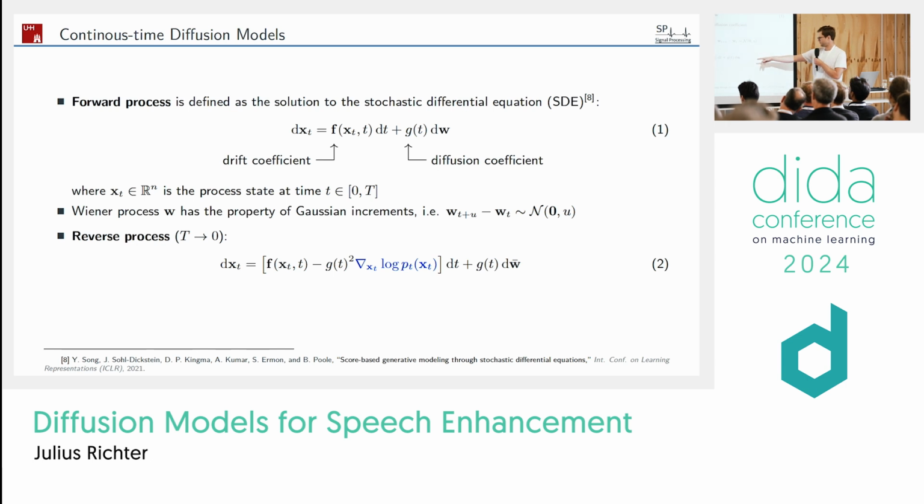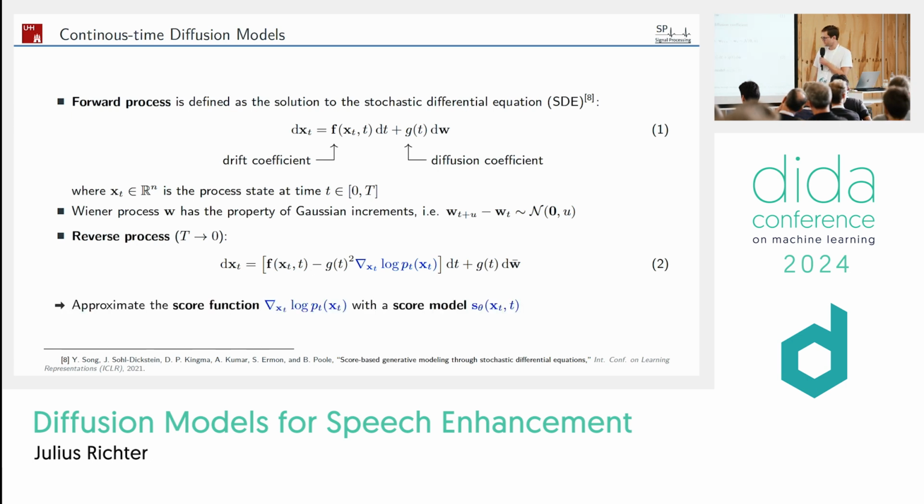And we again have the Wiener process, which is again controlled by the diffusion coefficient. But now this term in blue is not tractable. So in high-dimensional space, it's very hard to compute that. And therefore, we use a DNN to approximate the score function, which we call the score model.